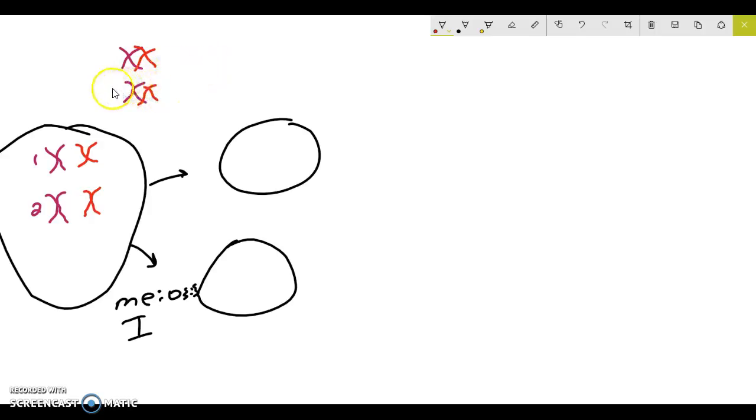Pure chance. We don't know. Hard to say where they're going to cross over, how many will cross over, if they will even cross over. But that is a major event of prophase 1. This is what gives us our genetic diversity as sexually reproduced individuals, so crossing over.